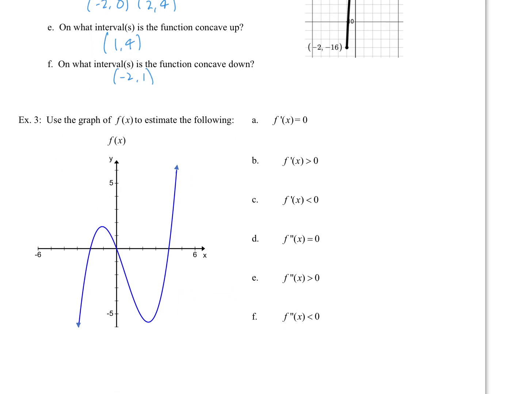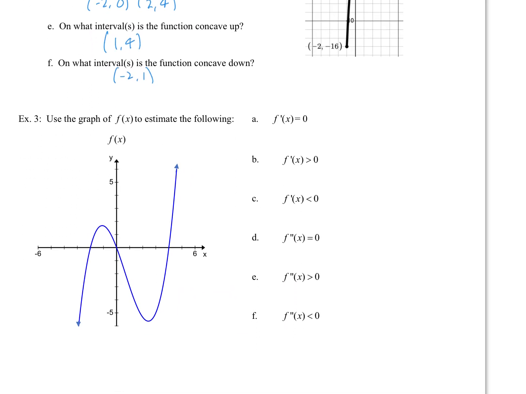Okay, so now this is asking you some very similar questions, just not with words. This is asking you, do you know what these symbols mean? Because I can tell you right now, the AP exam is not going to say the words concave up. Instead, they're going to tell you this. And they're not going to say increasing.